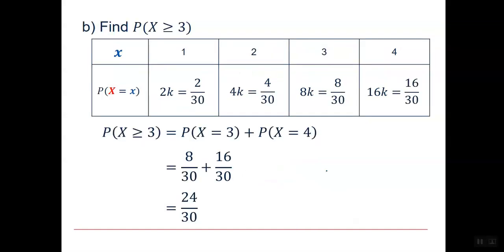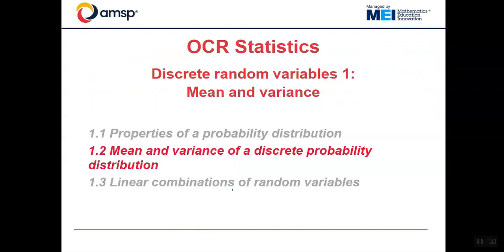In the second part of the question, we had to find the probability that x was greater than or equal to 3. So we found the probability that x was 3 and that x was 4 and added them together to give a probability of 24 over 30. This was 1.1 Properties of a Probability Distribution, and the next video, 1.2, is on the mean and variance of a discrete probability distribution.